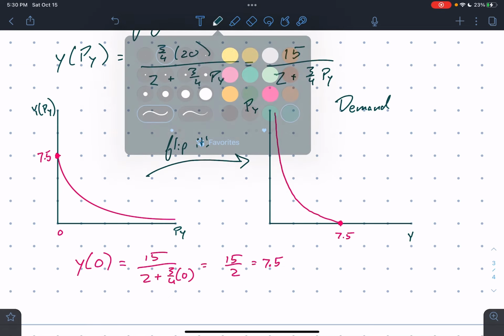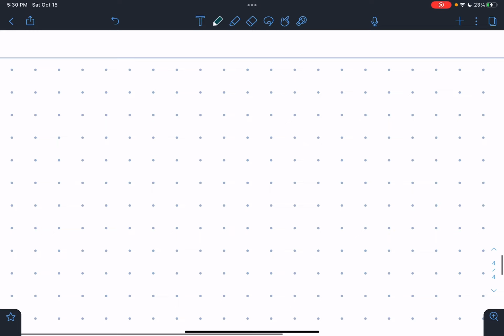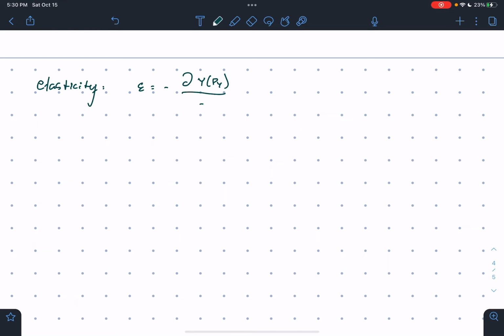Finally, we want to find the elasticity. It's defined as the negative of dy as a function of py over dpy, times py over y.